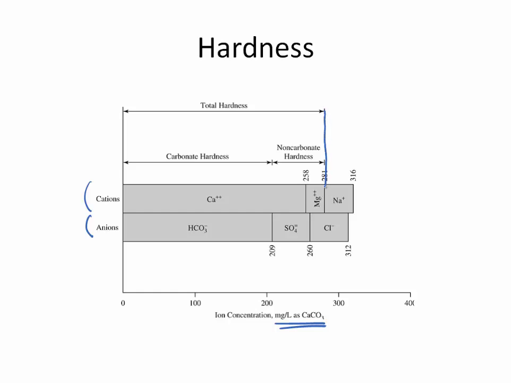So you come over and you say that entire section is total hardness, which we'll refer to as TH. But the anion bicarbonate is only paired with a portion of that calcium. And so the carbonate hardness is a subset of the total hardness in this example. The non-carbonate hardness is simply the difference between TH minus CH, total hardness minus carbonate hardness.